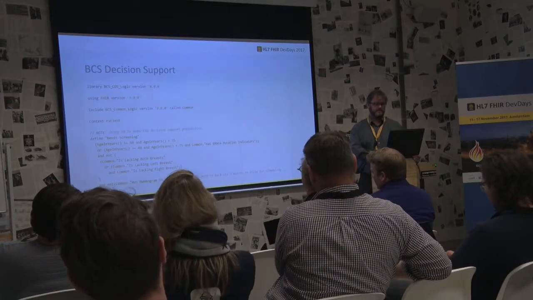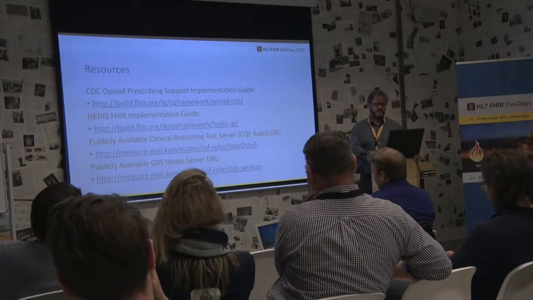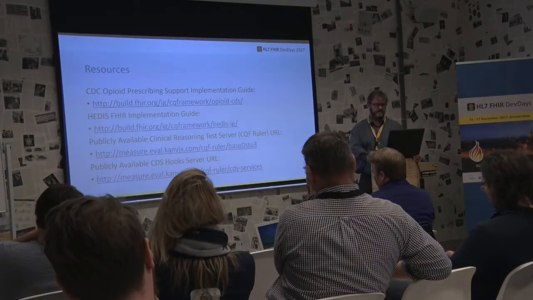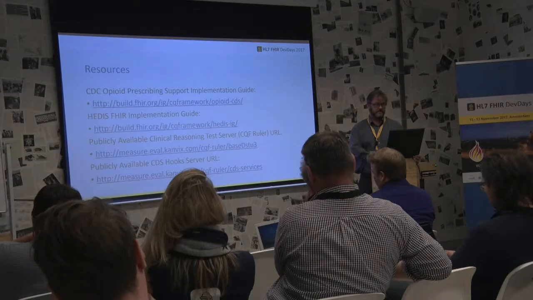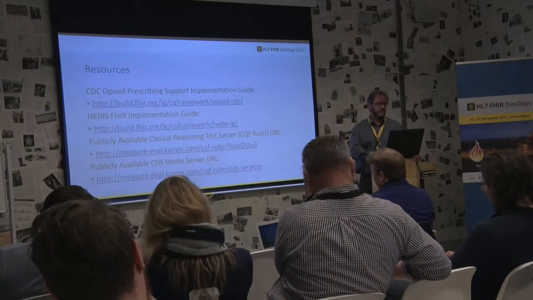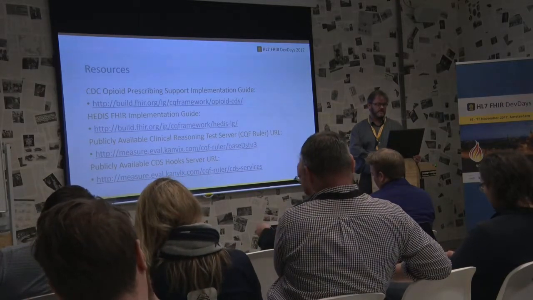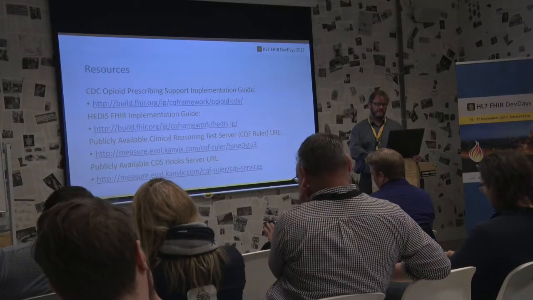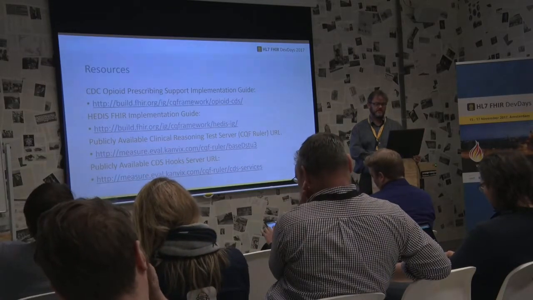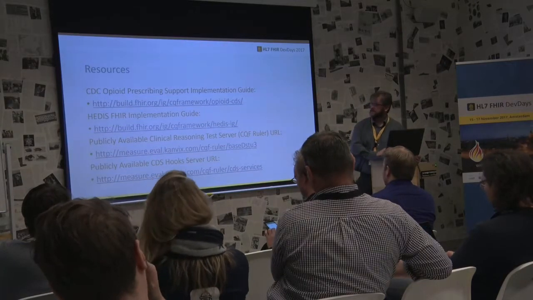Okay, so these are some track resources. They're the same slides as yesterday's. The first one is a CDC opioid prescribing support implementation guide. The second one is the NCQA's HEDIS FHIR implementation guide. This is where the breast cancer screening measure that we just looked at is.